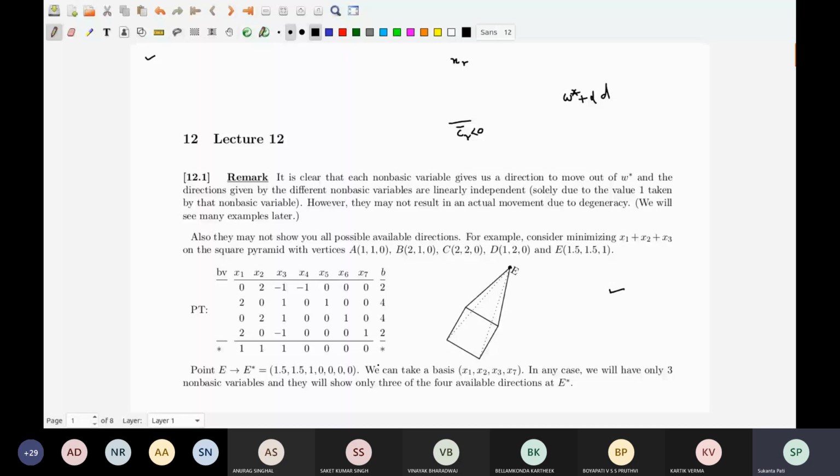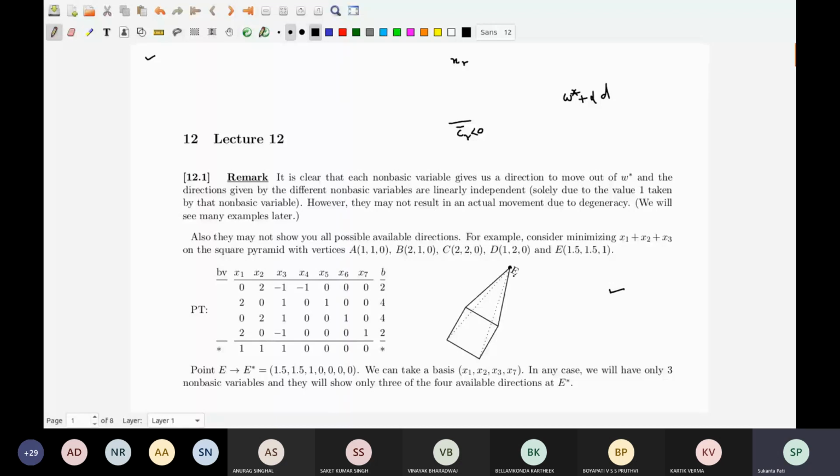Now, if you are standing at this vertex E, notice that there are 4 directions coming out. However, if you are looking at a BFS, at a basis, then the basis will consist of 4 variables. Therefore, only 3 non-basic variables will be available for that basis, and hence they will give you only 3 directions.